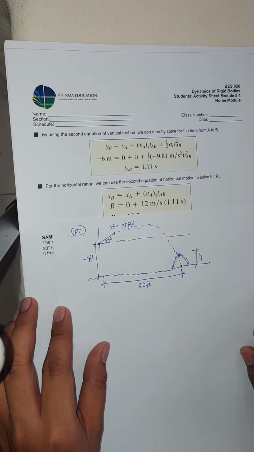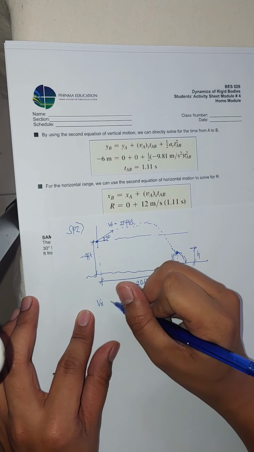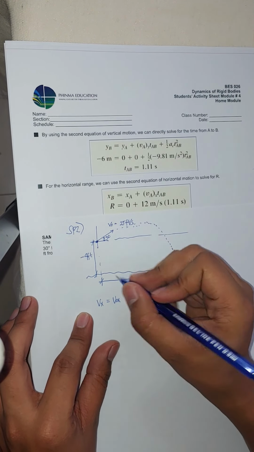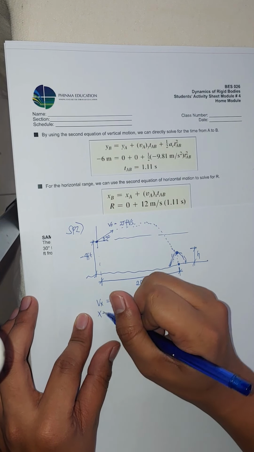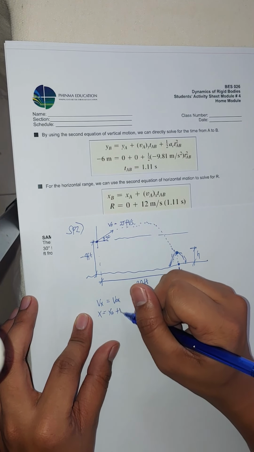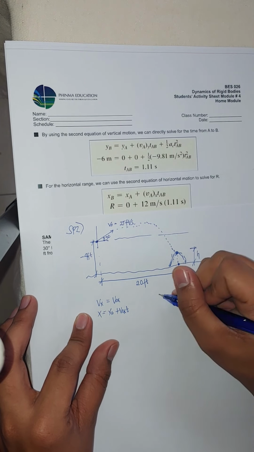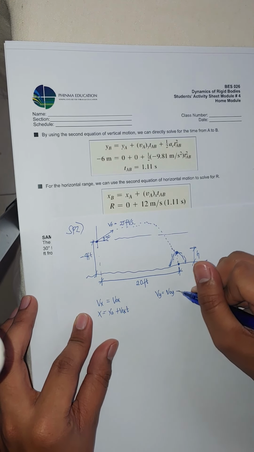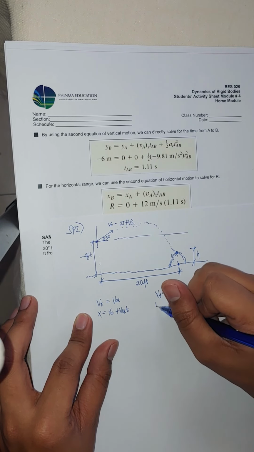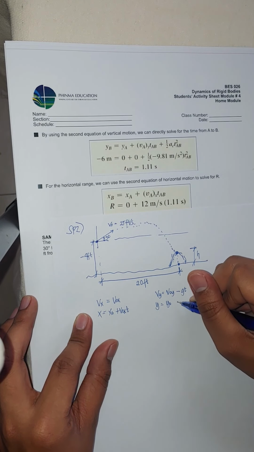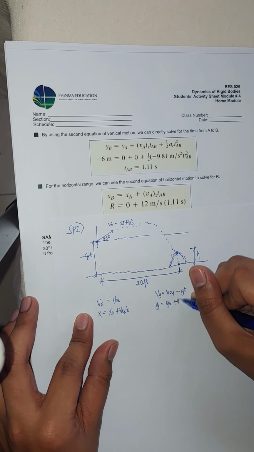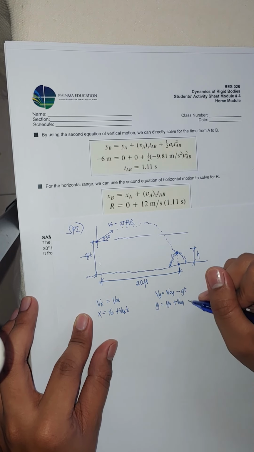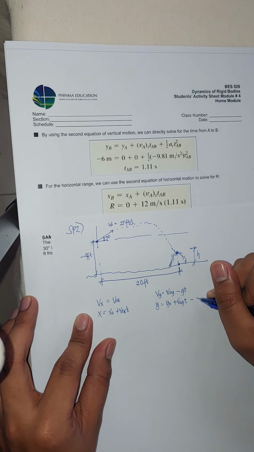Looking again at the equations, we have Vx equal to Vox. We have x equal to x naught plus Vox t. We have Vy equal to Voy minus Gt. Y is equal to y naught plus Voy times time minus 1/2 Gt squared.